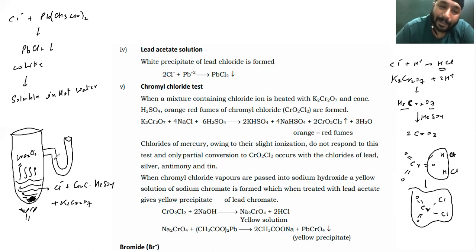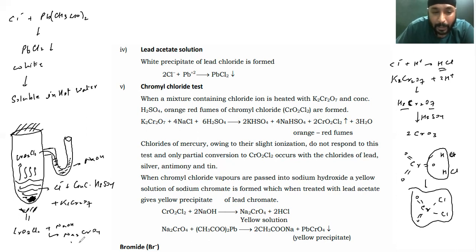Do one thing, put NaOH inside it. What I have added here is NaOH, or sodium carbonate, as you wish. Just close this lid. This CrO2Cl2 will pass through it. When CrO2Cl2 reacts with NaOH, it leads to the formation of Na2CrO4, which is yellow in nature.